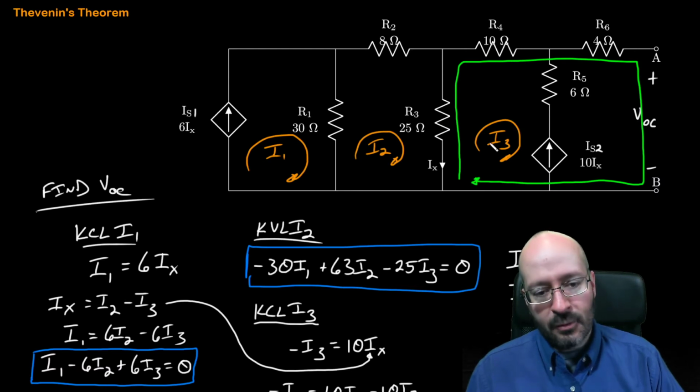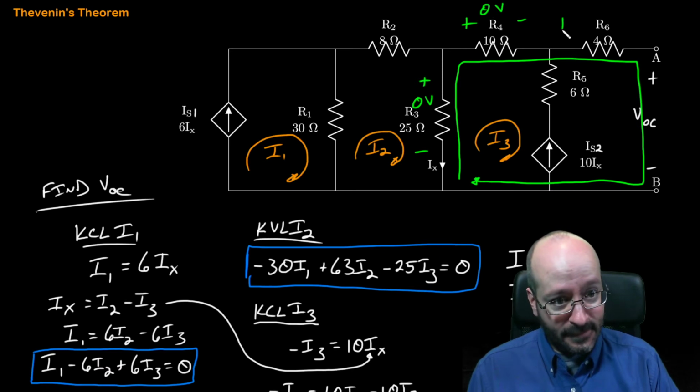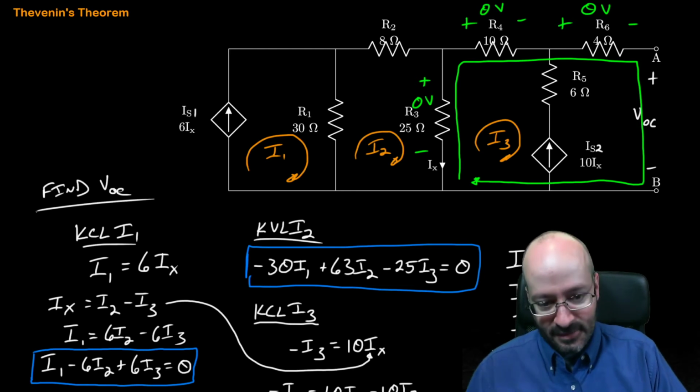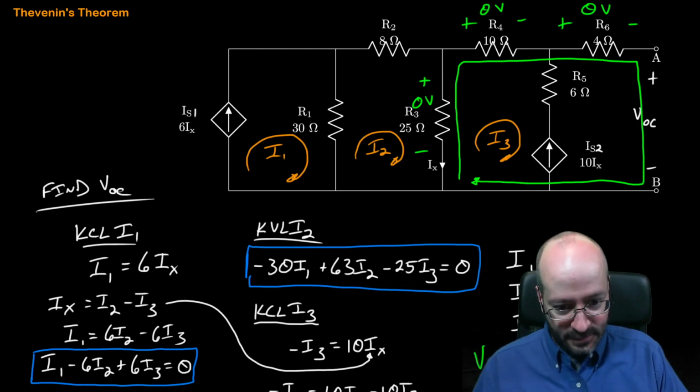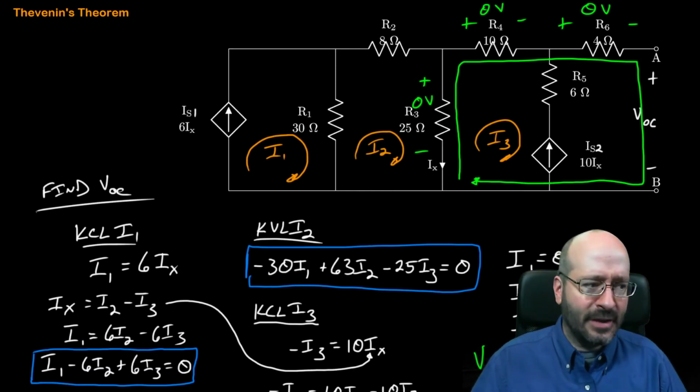Writing that KVL, you'd find that this is 0 volts, this is 0 volts, this is 0 volts. If those are all 0 volts, then V open circuit has to be 0 volts, right? I promised you that would be true, but the analysis bears out.